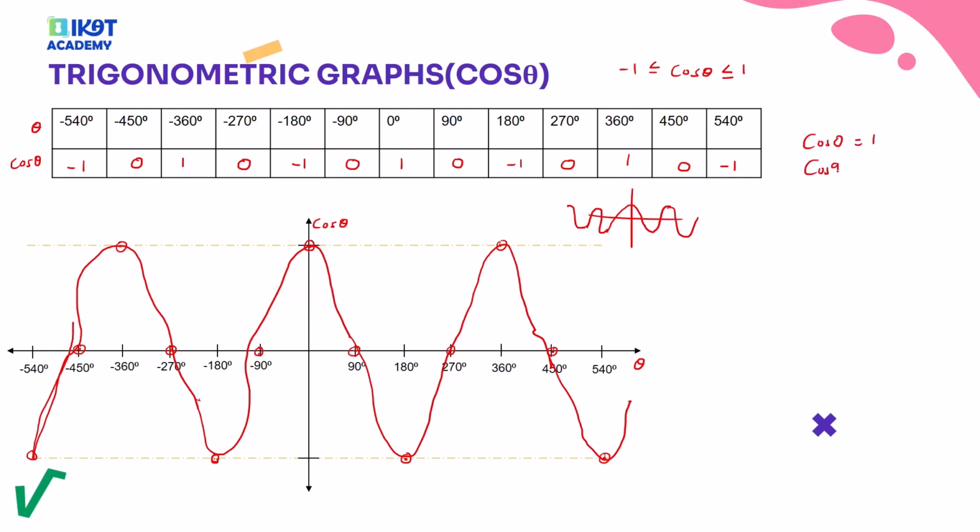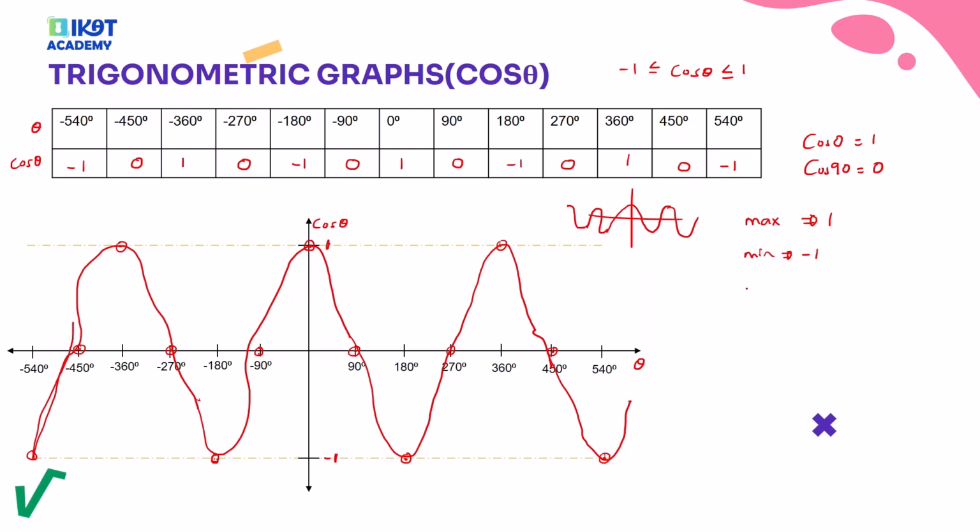Now, the first thing you should note is the cos of 0 is 1, and the cos of 90 is 0. Also, as we said, the graph lies between 1 and negative 1, meaning the maximum value of cos will always be 1 and the minimum will always be negative 1. What else?